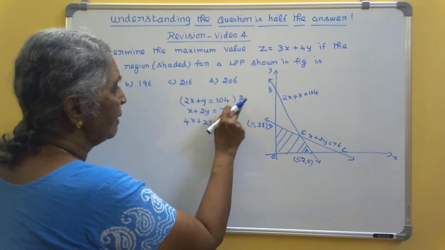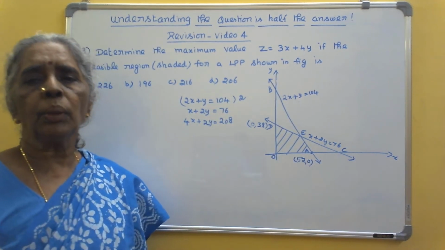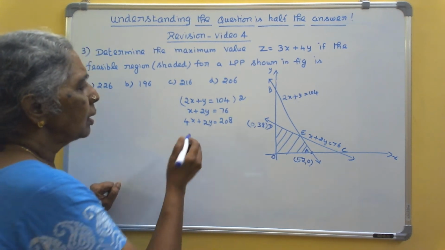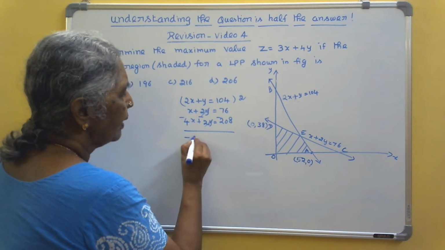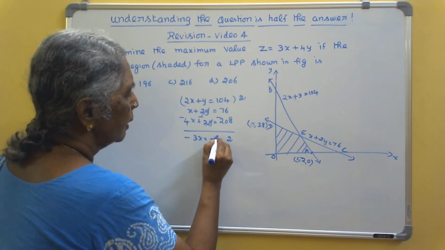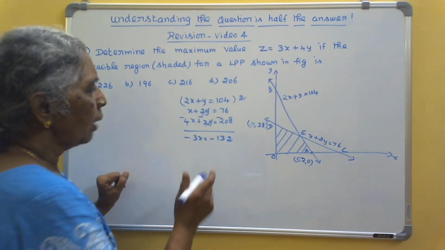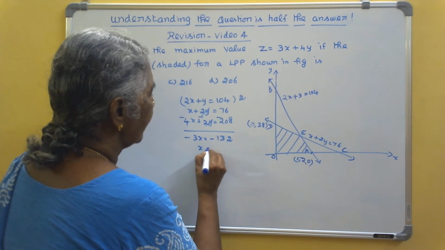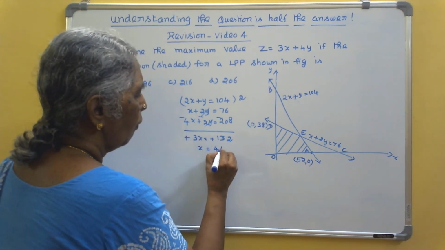Sorry, I have multiplied the wrong one: multiplying the first by 2, I get 4x + 2y = 208. So now, let us change the sign and y will go. I will get minus 3x is equal to minus 132. So now, the minus will go and my x will become 44.